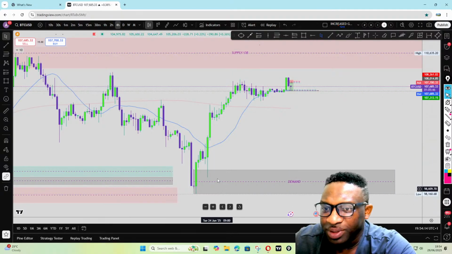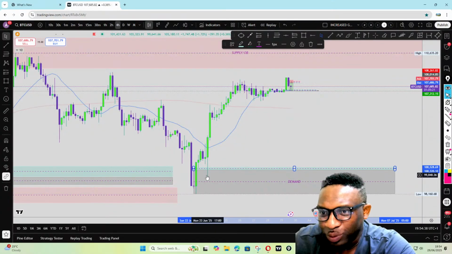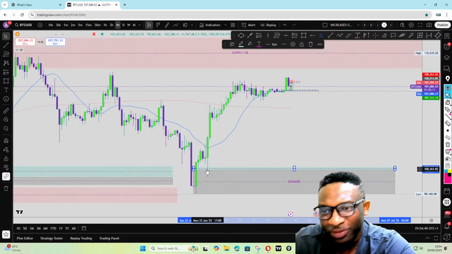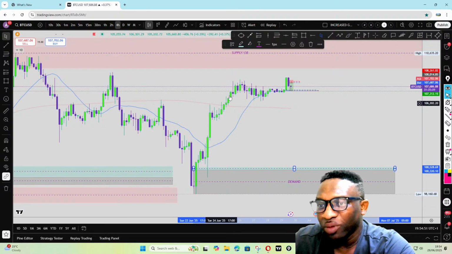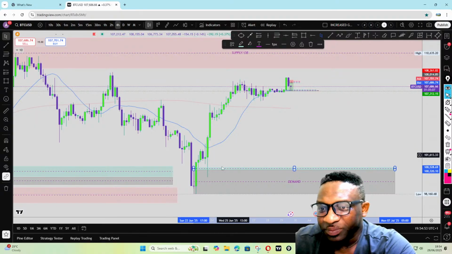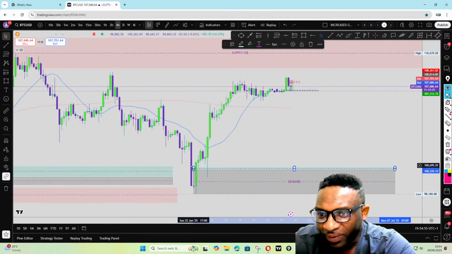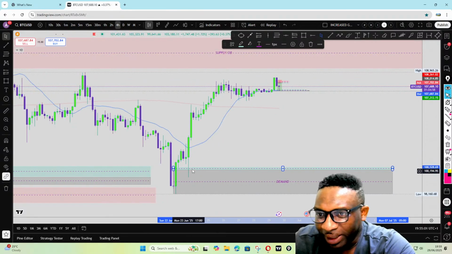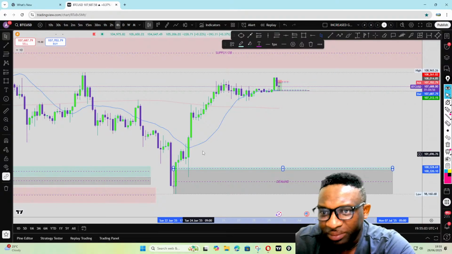Price came back to tap into it. So if perhaps you saw this move to the upside earlier on, then maybe you marked this area and could have tapped into this move up. But nevertheless, we have this area of imbalance currently filled, so we now say this area has been tapped into.